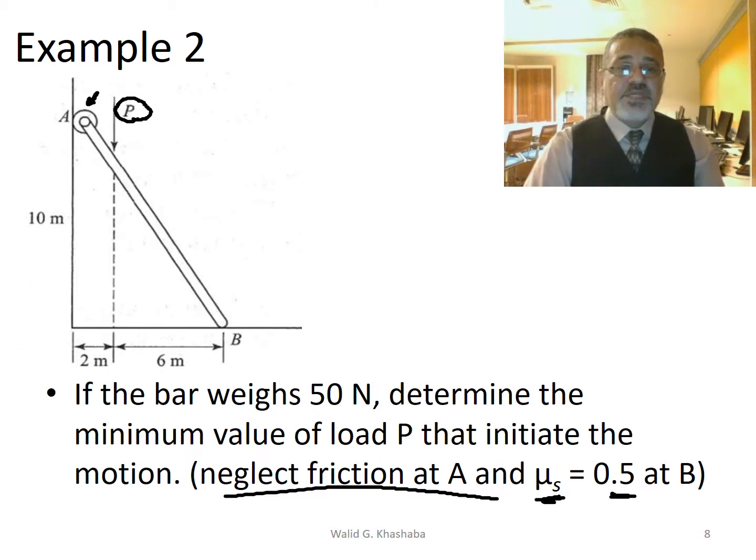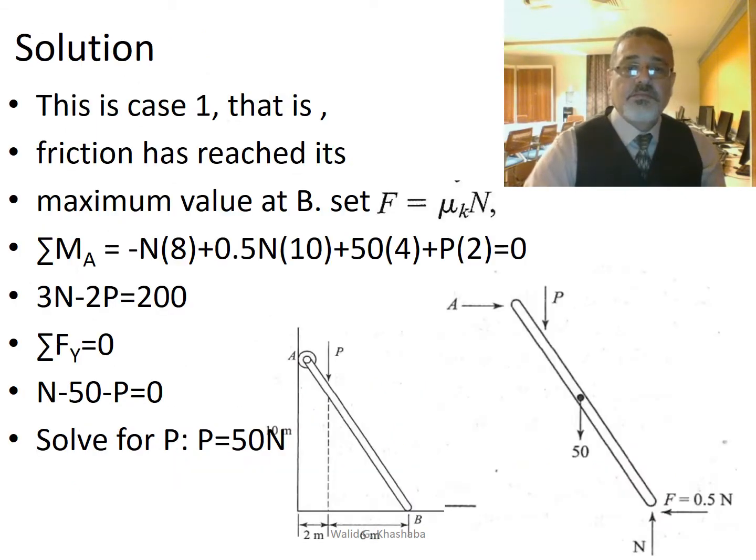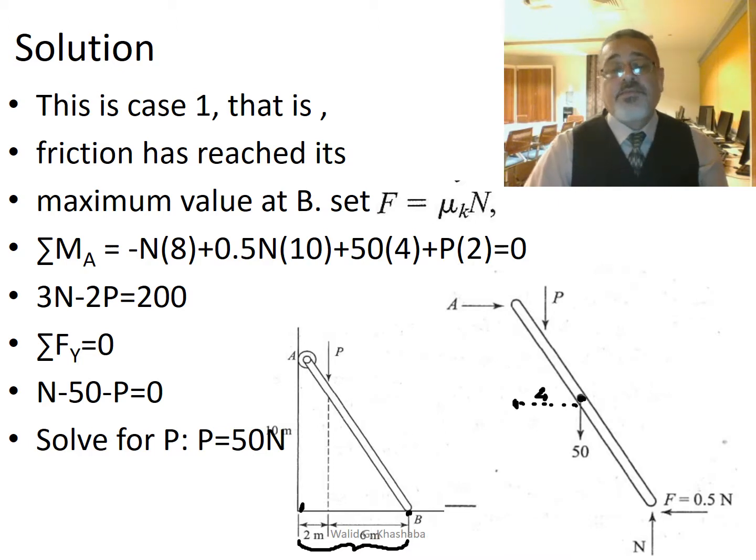Now let's analyze the forces. Here is the weight. It acts exactly in the middle. The distance from the wall to the point B is 8. Then the weight here is 4 meters from the wall.